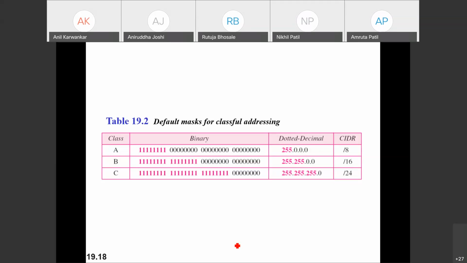So the host IDs in the case of class C will vary with the variation of the last 1 byte.